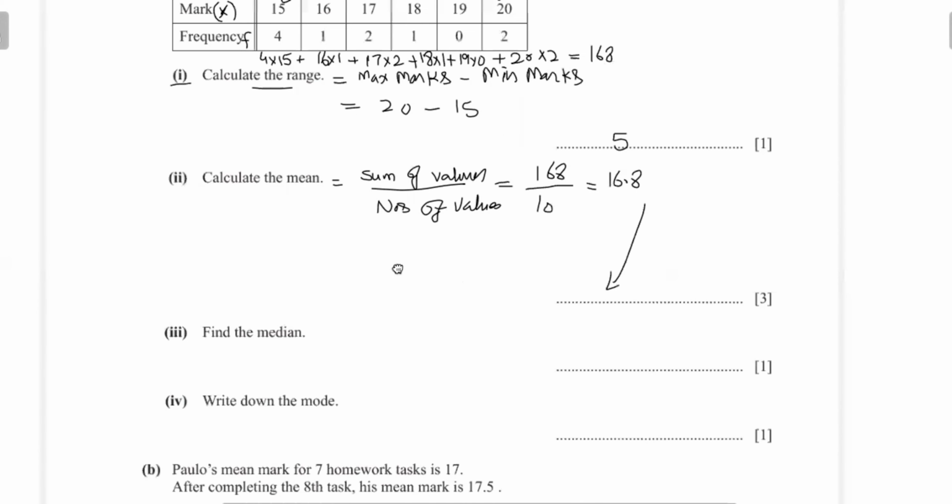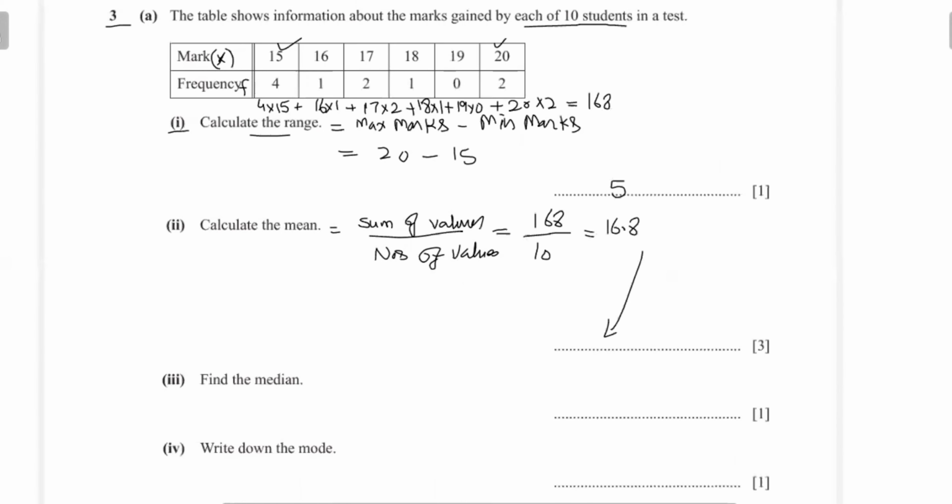Next is to find the median. Median is the middle value of these marks. You see here, there are 10 student marks. Therefore, the middle value is the 10 plus 1 over 2, that will be equal to the 5.5th value. And this is the average of the 5th and 6th value. Therefore, the 5th value plus the 6th value over 2.